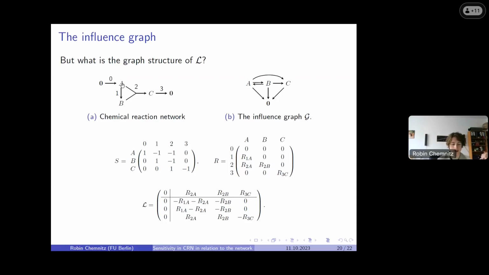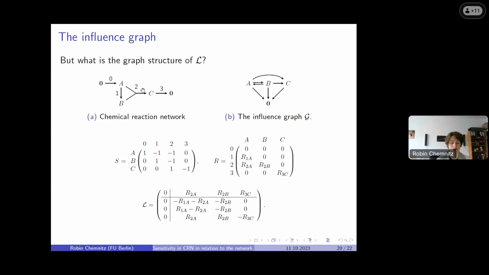But A is part of reaction 1 and reaction 2, so it will have influence on B and on C. And B is part of reaction 2, so it will have an influence on all other reactants of this reaction 2. So it has an influence on A and it has an influence on C.